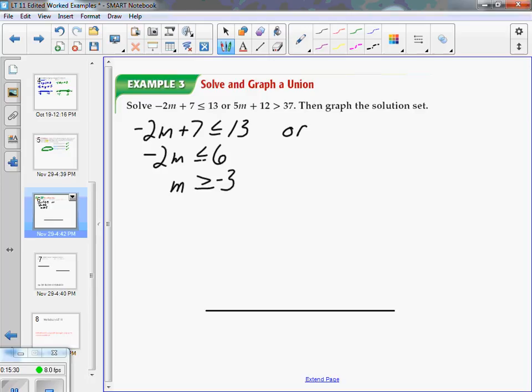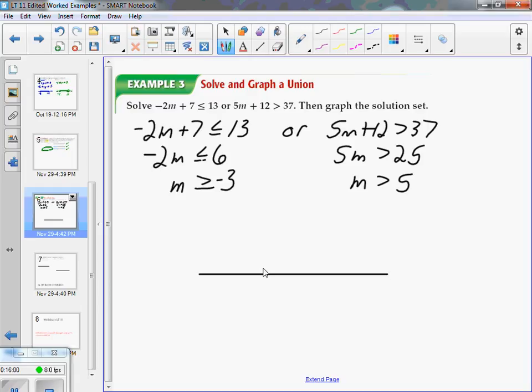Or 5m plus 12 is greater than 37. Subtract 12 from both sides. 37 minus 12 is? Divide both sides by 5. Okay? Now, so far so good?